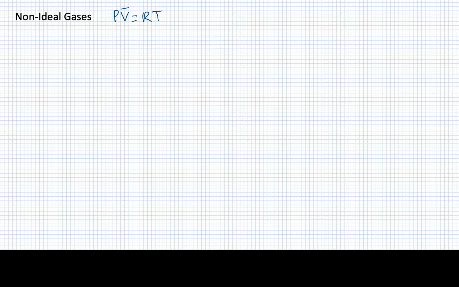Now, one of the things I want to do is also talk about this molar volume, which we define essentially as the total volume divided by the number of moles. I'm also going to expand upon this a little bit to connect it to another quantity called the number density. The number density is the number of molecules divided by the volume.